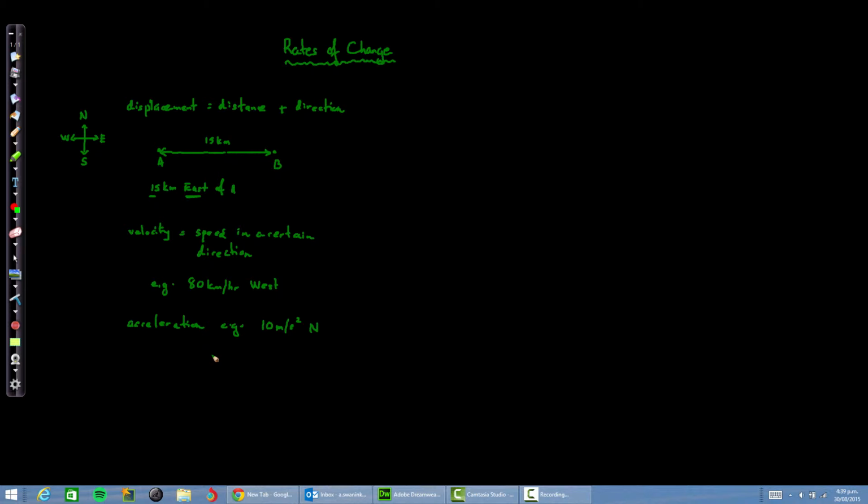Now, another thing that's sometimes connected with the direction with both velocity and acceleration, and also displacement for that matter, is that sometimes you see a negative sign for your answer, and a negative in all of these contexts really means coming back towards the origin point. So just bear that in mind, that if something has a negative displacement, it's usually traveling back towards the starting point. Let's say if A was the starting point here.